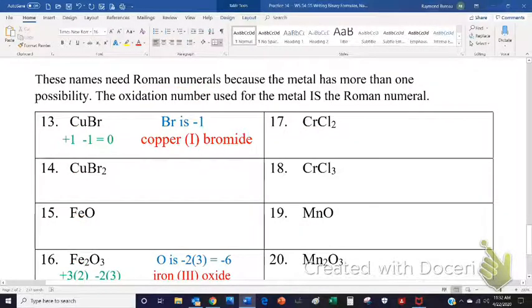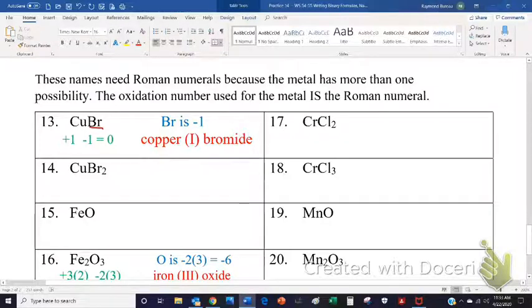Well, how did that happen? Well, remember, since copper could be either +1 or +2, and I'm looking at the chart to see that copper could be either +1 or +2, what I have to do is go by the bromine first. So that bromine is always going to be -1. Now I know on one of the charts it says bromine has more than one oxidation number, but almost always, and for everything we're doing, bromine's going to be -1.